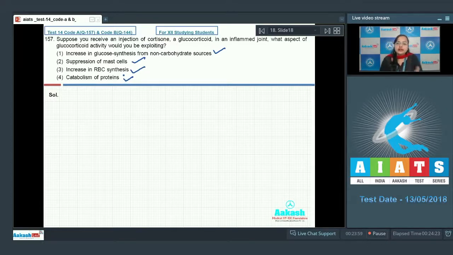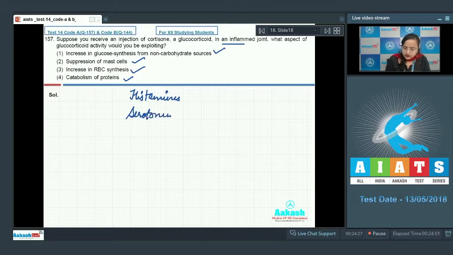So all these functions are performed by glucocorticoids. But in the question there is given specific situation in which the cortisone is injected in an inflamed joint, and you know that inflammation is caused due to histamines, serotonin, and other factors which are produced by mast cells or basophil cells.